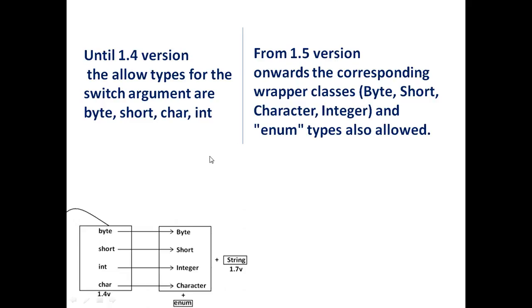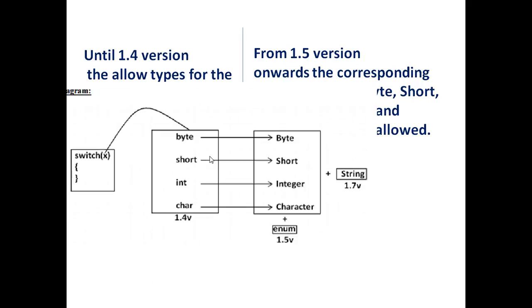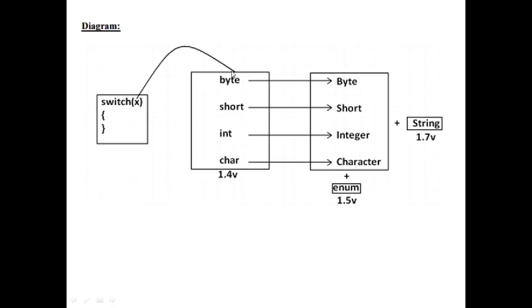If I take the diagram and see the enhancements related to the argument of the switch statement, for this x we can use byte, short, int, and char, but that is applicable to version 1.4. With the enhancement in version 1.5, we can use enum and the Character, Integer, Byte, and Short wrapper classes as well. And in version 1.7, we can use the String class as well in place of this x.